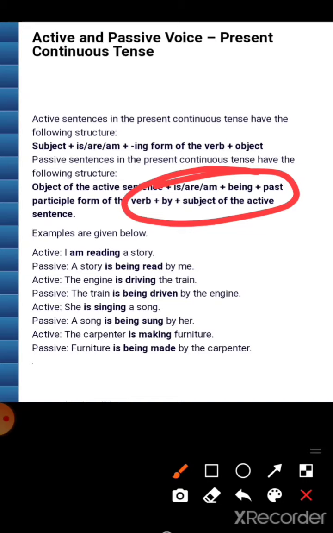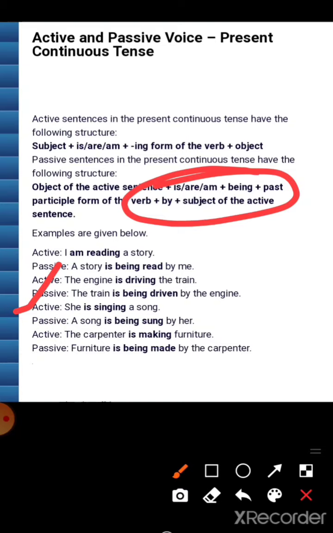Come to the next example. She is singing a song. So a song, after that is. Why? Because I told you you cannot write beyond am, is, are over here, because it is present continuous tense. So a song is being sung by her. She becomes her.